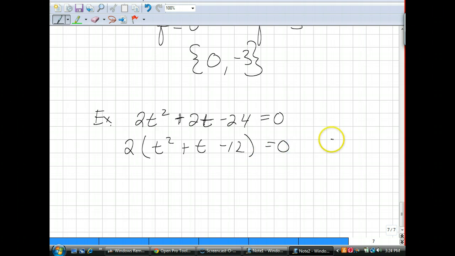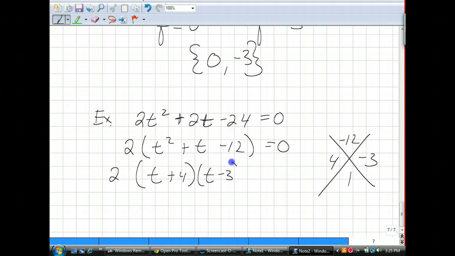Then we have a trinomial. So what multiplies to negative 12 but adds up to 1? 4 and negative 3. So this is going to be t plus 4, t minus 3. Then set each factor equal to 0. Well, 2 is a factor, but will 2 equal 0?